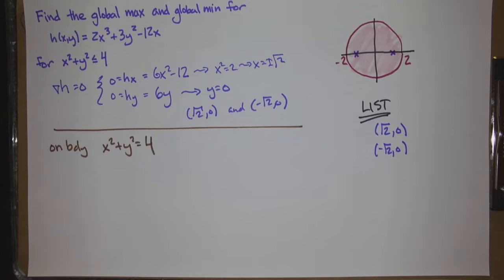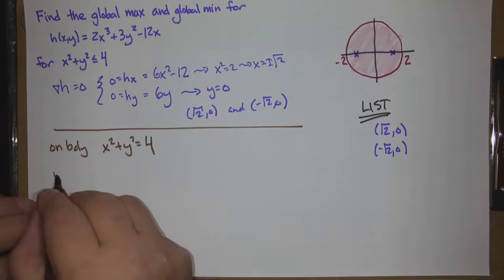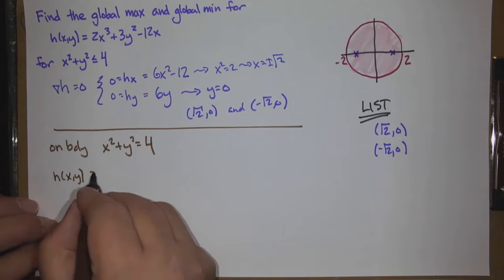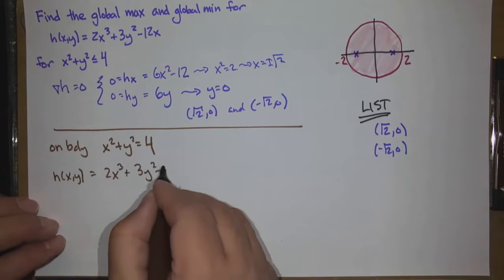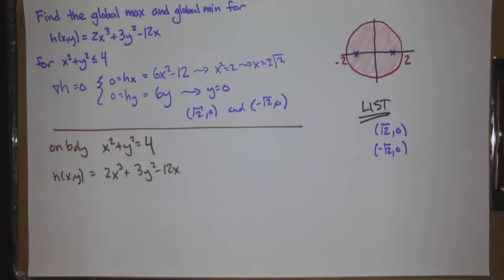Our function looks like h of x comma y equals 2x cubed plus 3y squared minus 12x. I want to make my function look like one variable. One variable to rule them all. I don't want x's and y's, just a single variable.